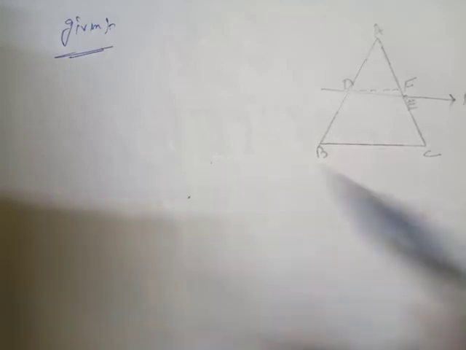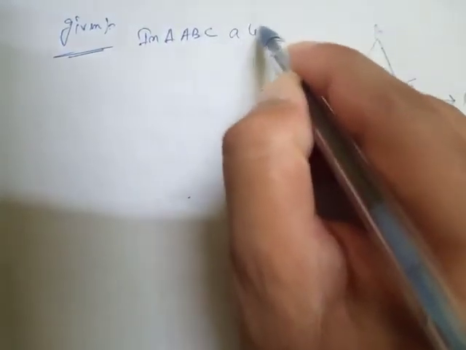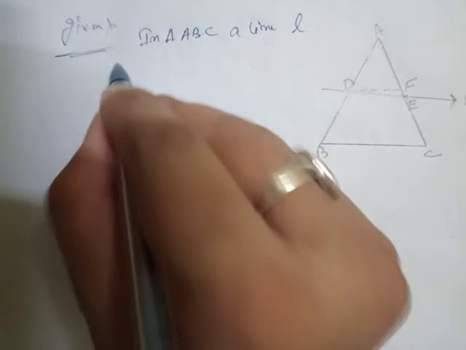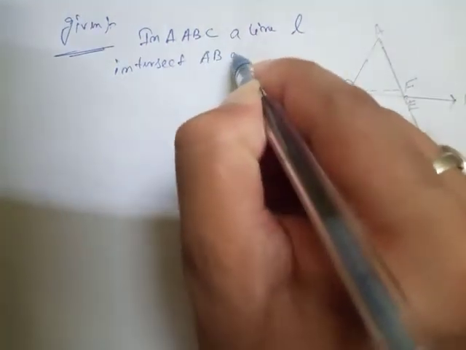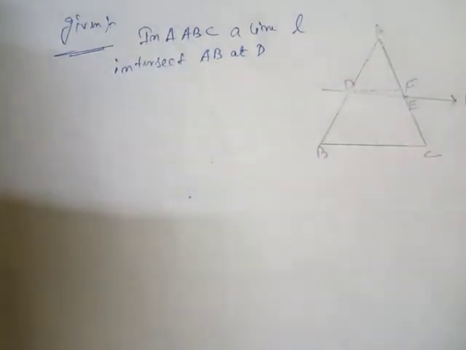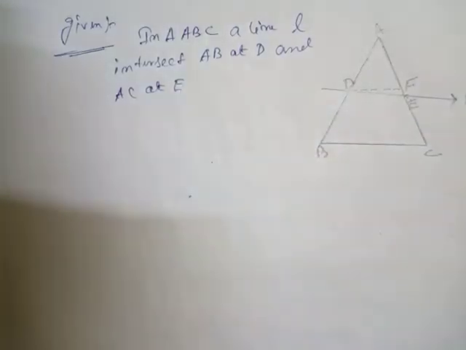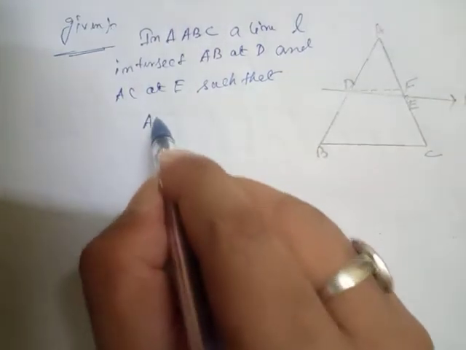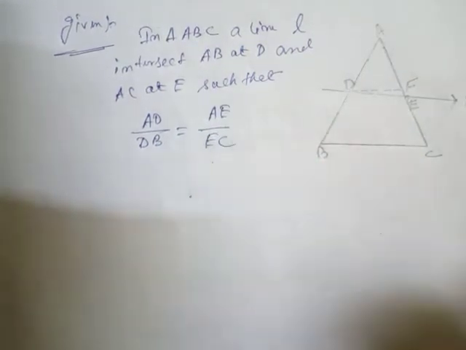Given part, in triangle ABC, a line L, or you can say that it is a ray, intersects AB at D and AC at E, such that AD by DB equal to AE by EC.